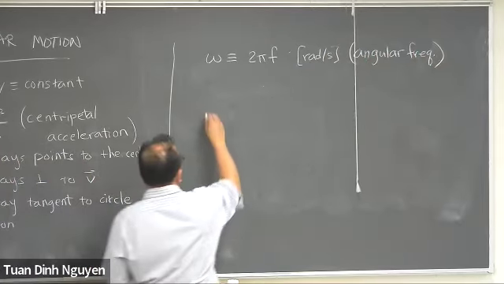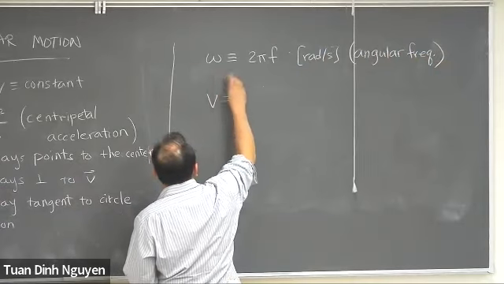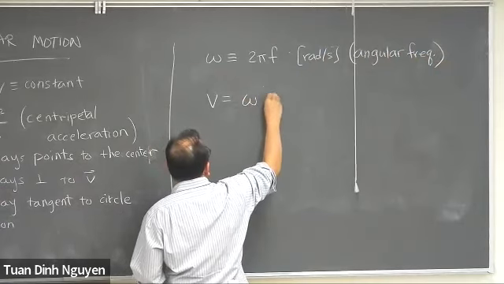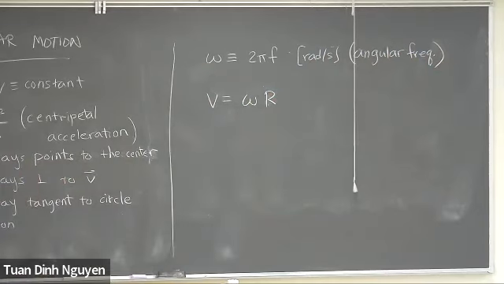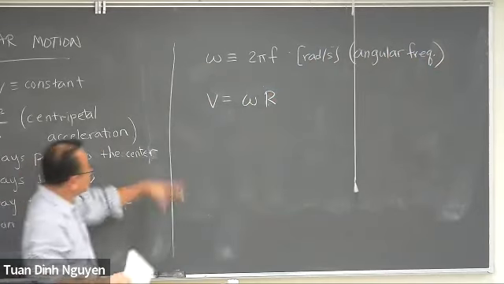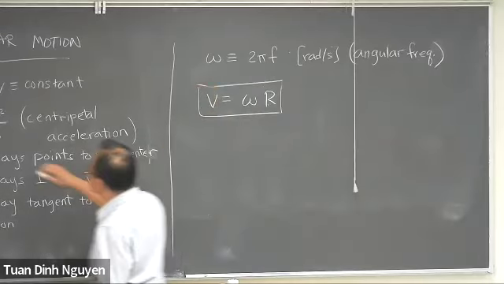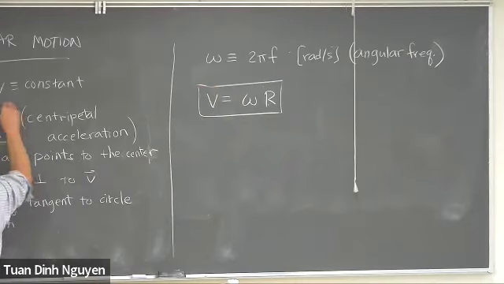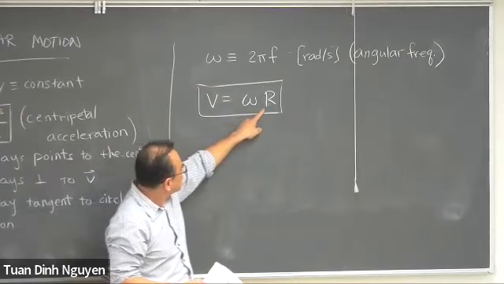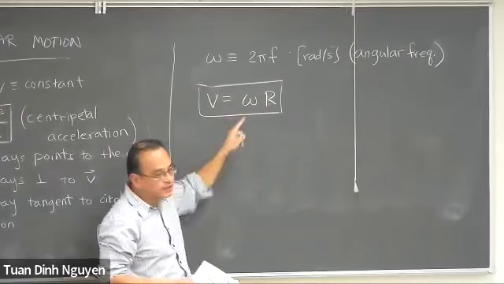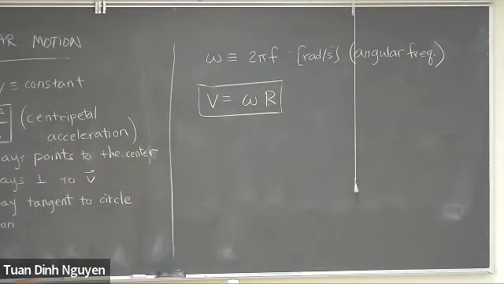And then the last 2 equations, once we define that: v equals omega r. This is an important one. It tells you how fast it's going the further you are from the center.